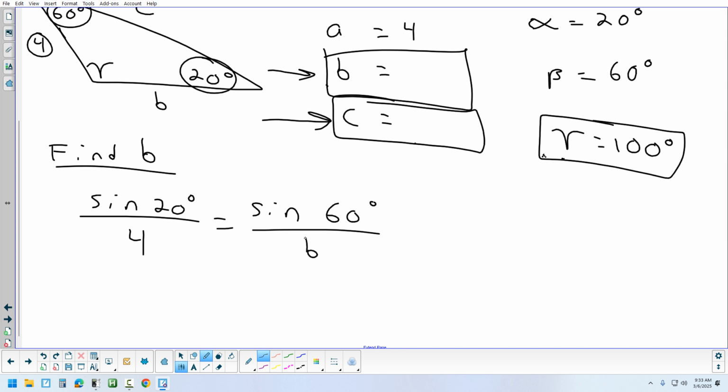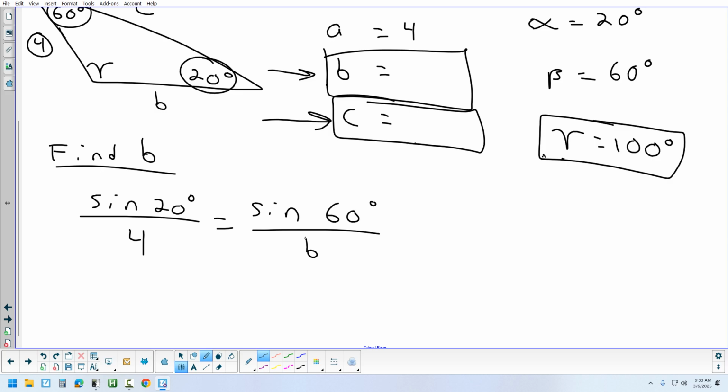All right. Well, how would you solve that equation then? Cross multiply. What kind of equation do you solve with cross multiplication? A proportion, right?